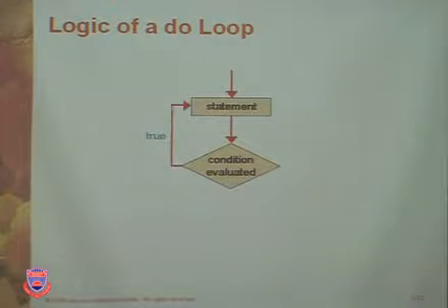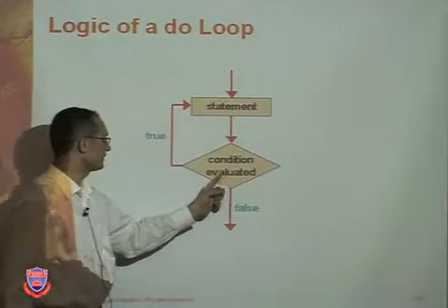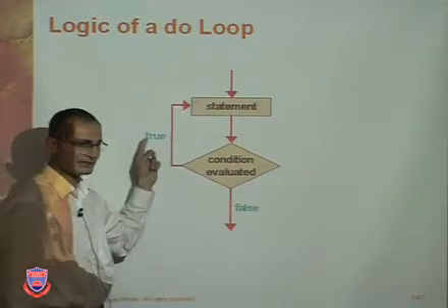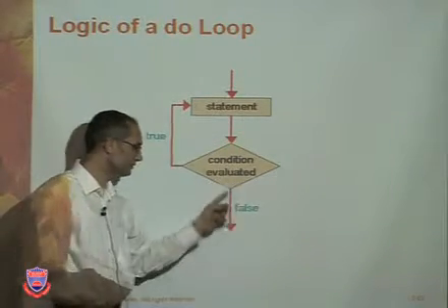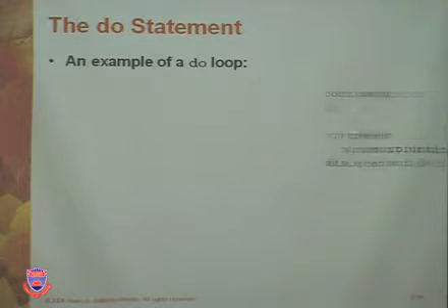When we look into the logic of a do loop, what do we see? We first execute the statement, then go and check the condition. If the condition is true, we continue executing the statement in a loop in this fashion. However, if the condition is false, we just fall below and continue with the next statement in the sequence.